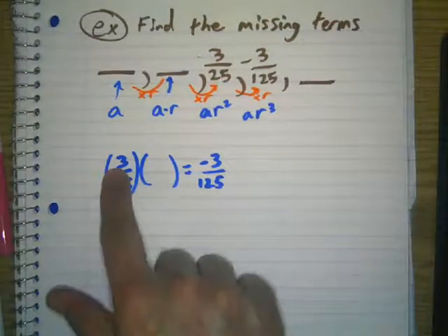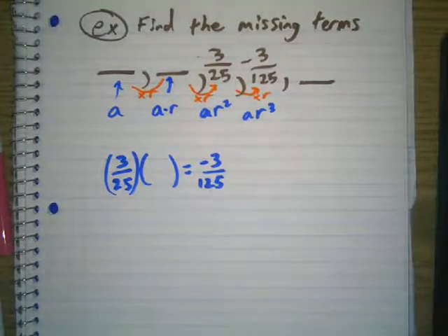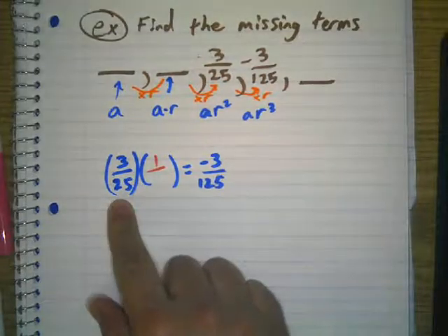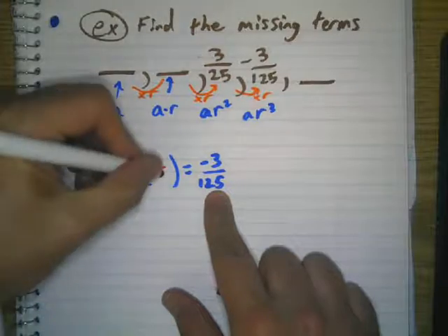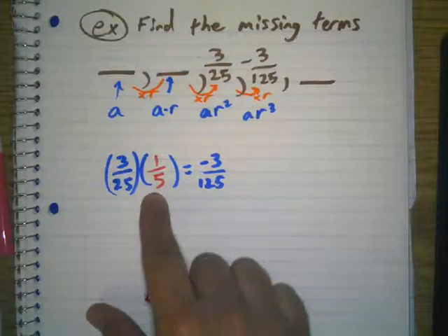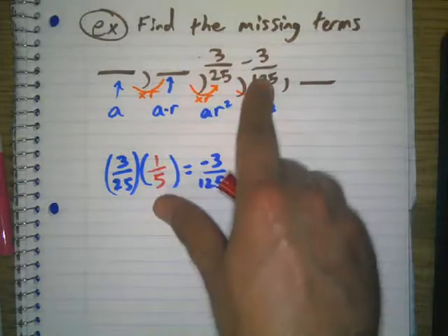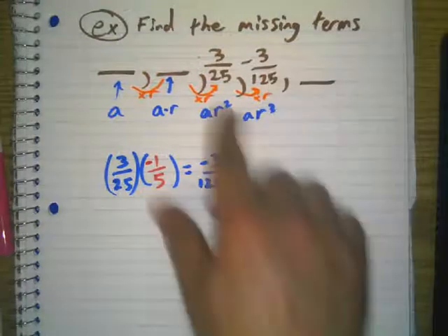Well, the numerator is the same, isn't it? Okay, so let's put the numerator 1. Now, what do I multiply 25 by in order to get 125? 5, right? 5 times 25 gives me 125, right? Now, this is positive and this is negative, so my R value is going to have to be negative because it's changing signs every time.